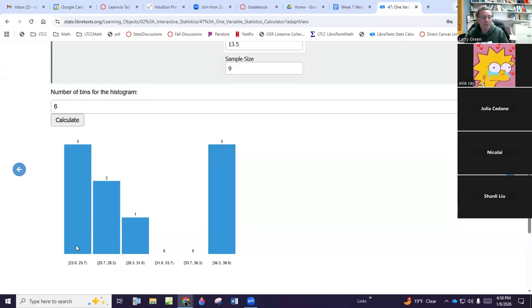Skewed right means the left-hand side is high and the low is on the right. So the word is the low part. Skewed right, low, right. Skewed left, low, left. Does that make sense? Any questions on that? Lot of vocabulary.